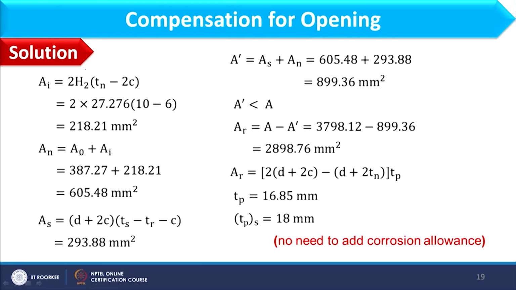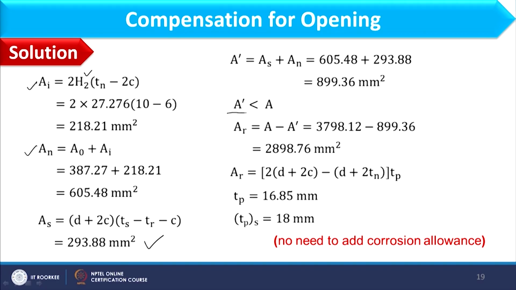Once I have the H2 value, I will find the value of AN, which comes out as 218.21. Considering AO and AI, I find AN, and AS we have already computed as 293.88. So, A dash would be AS plus AN.